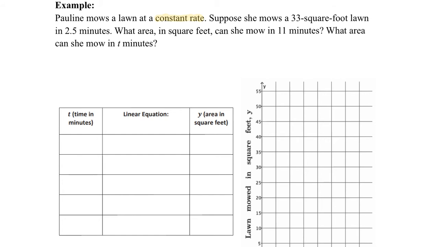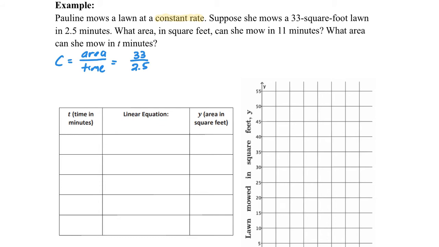So in this case, to find our constant rate, we'll keep it as C. To find our constant rate, we are going to have area over time because that's what's going on in this problem. So in this case, it's 33 over 2.5. So it's 33 square feet of lawn in 2.5 minutes.